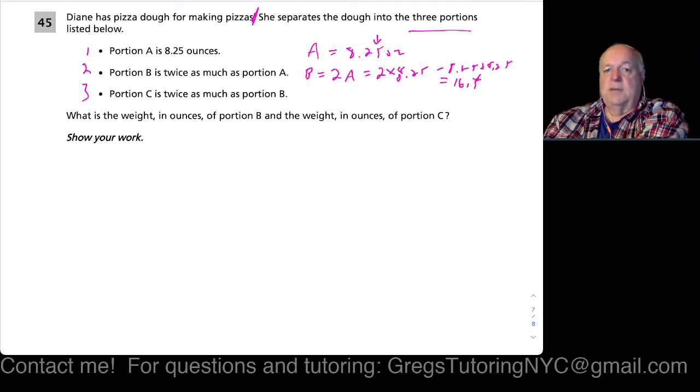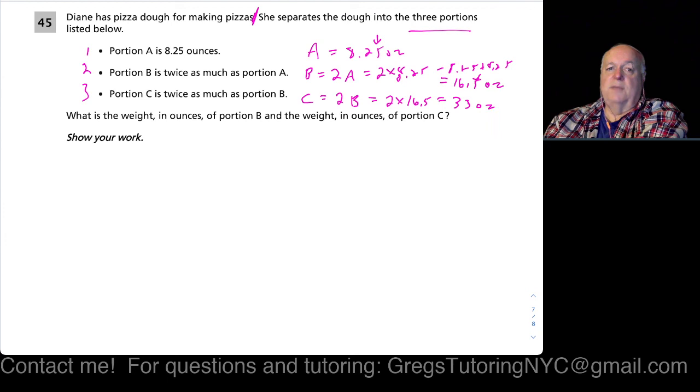And this is also in ounces. And then C is equal to twice B. Well, if B was 16.5, this is 2 times 16.5. Or 16.5 plus 16.5. And we get 33 ounces there. Okay.